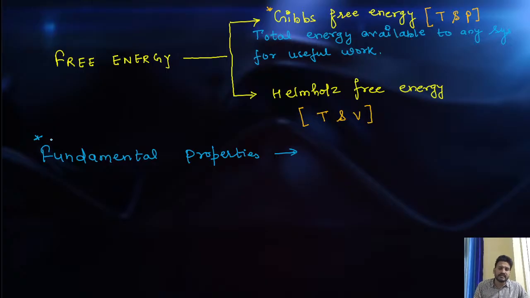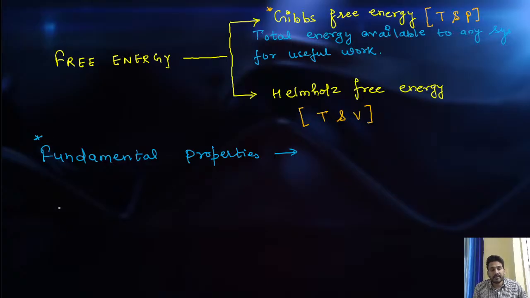A fundamental property is the property which can be measured directly without any help of each other. There is no requirement of any other calculations; it is sufficient to calculate its value.